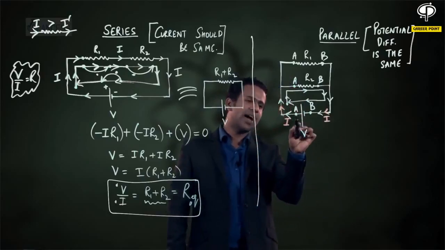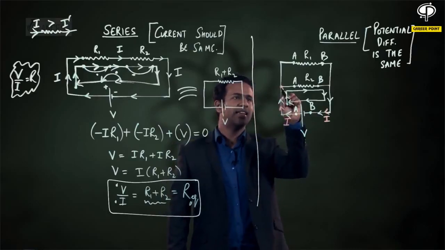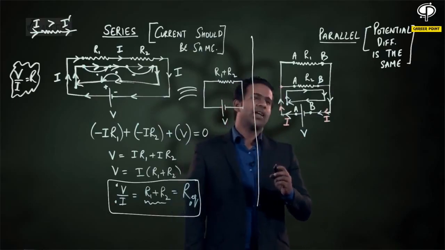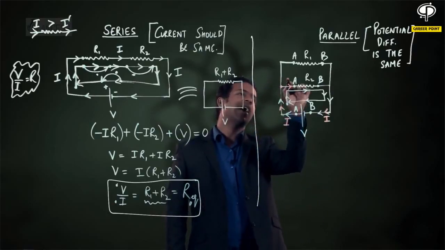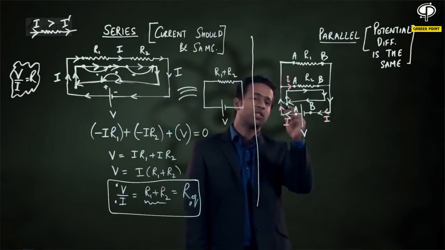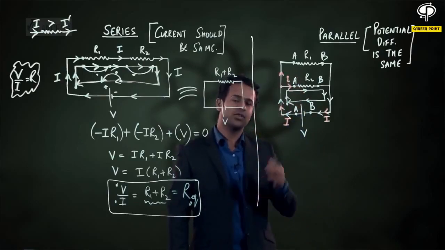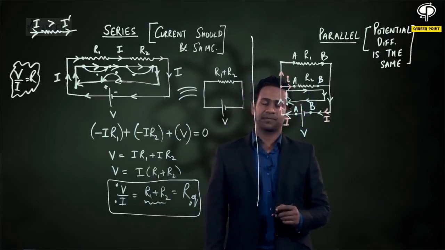Now, when this I amount leaves at this junction, it will get split. So, if a small i amount of current goes into this branch, then the remaining current should go in the upward branch.